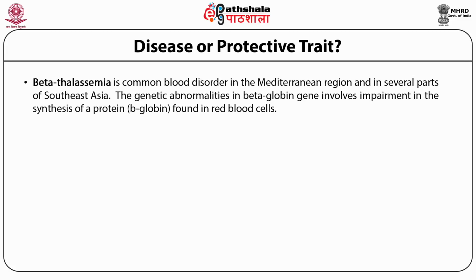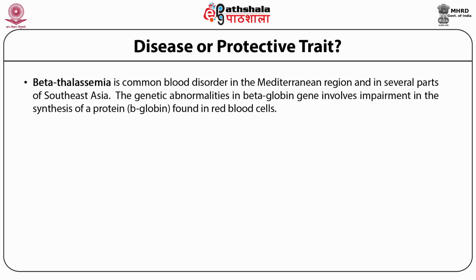a common blood disorder in the Mediterranean region and in several parts of Southeast Asia. The genetic abnormalities in the beta-globin gene cause disruption in the synthesis of beta-globin protein, which is found in RBCs. Carriers who have only one mutated allele are expected to have mild anemia that does not cause any serious health problems.